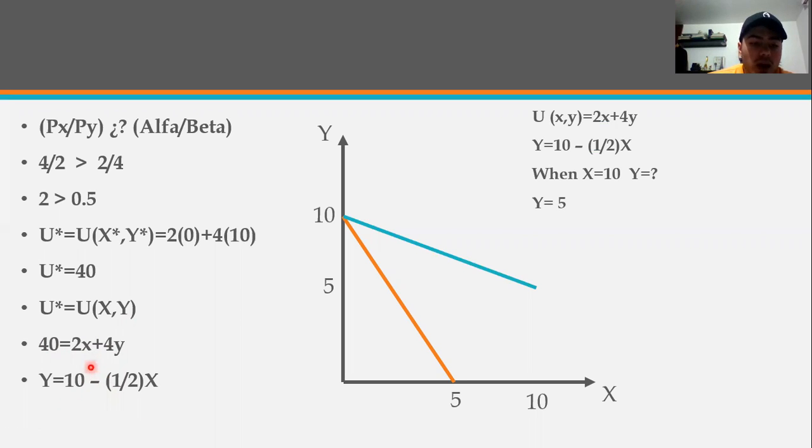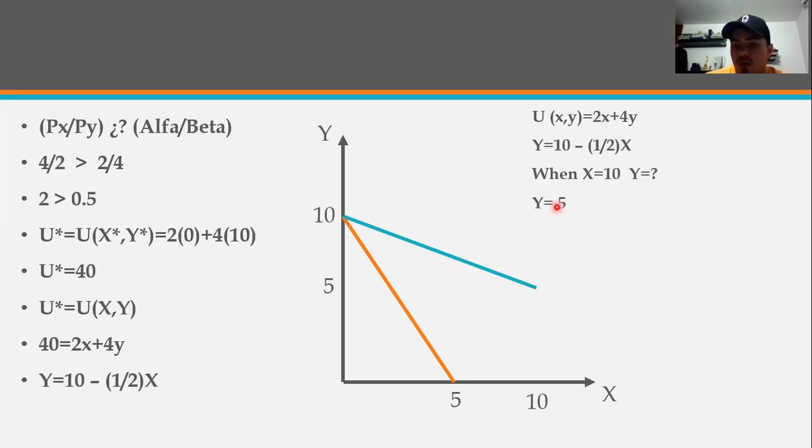And then we have the formula for y. Watch here: y is 10 minus 1 divided by 2 of x. Then you ask yourself, when x is equal to 10, y is equal to what?